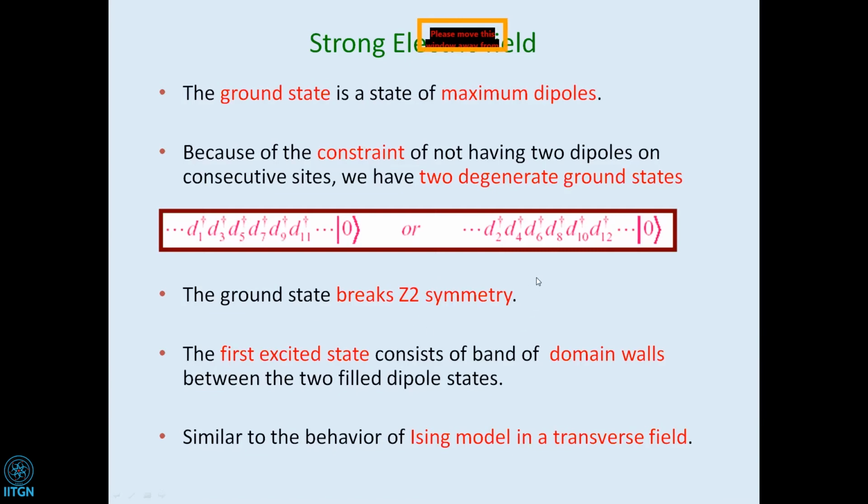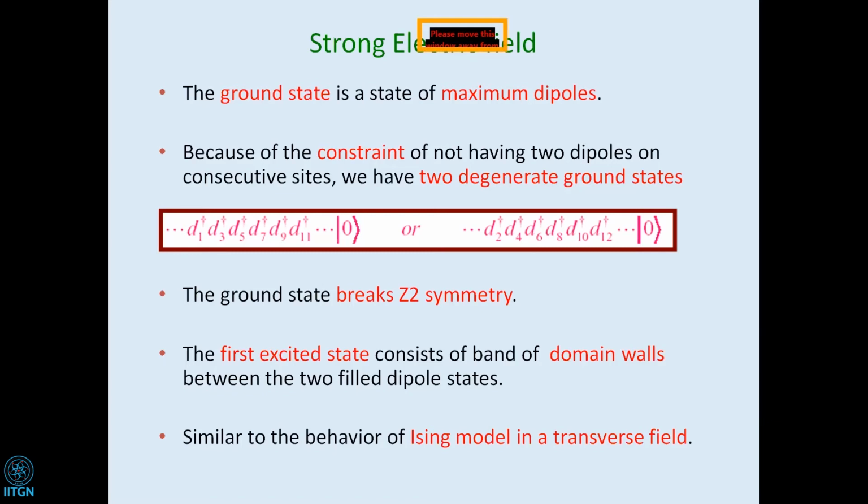The situation here is exactly the same as an Ising model, where in the paramagnetic phase no symmetry is broken, but in the ferromagnetic phase it can have all spin up or all spin down.